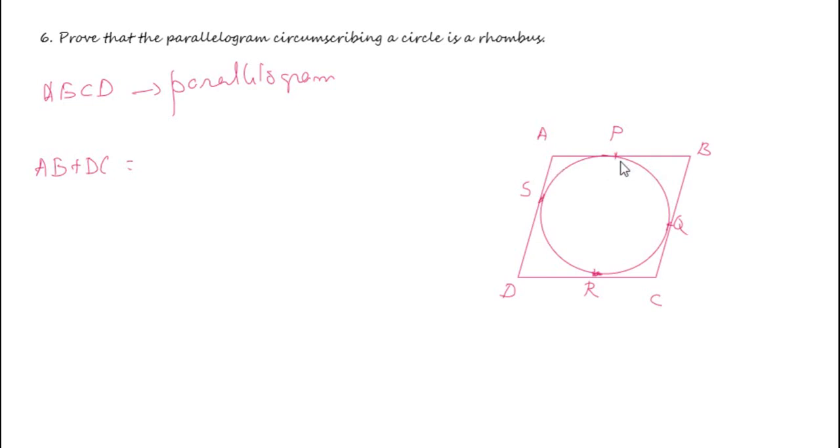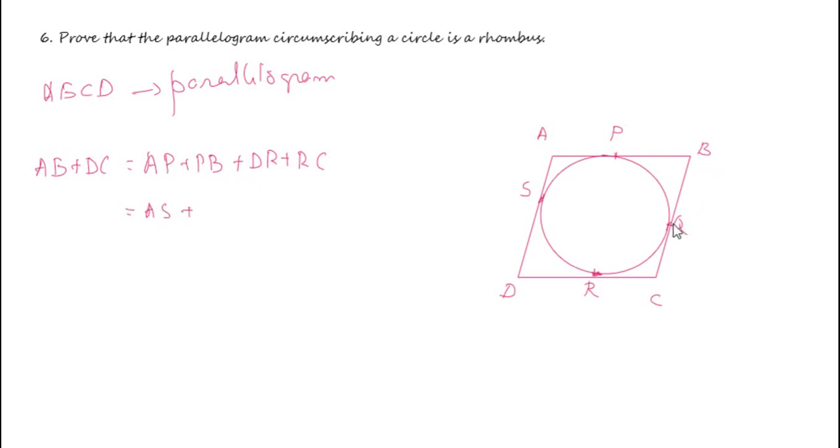AB is AP plus PB and DC is DR plus RC. Now AP is equal to AS. These are the two tangents from an external point to a circle. So instead of AP, I'll write AS plus PB.